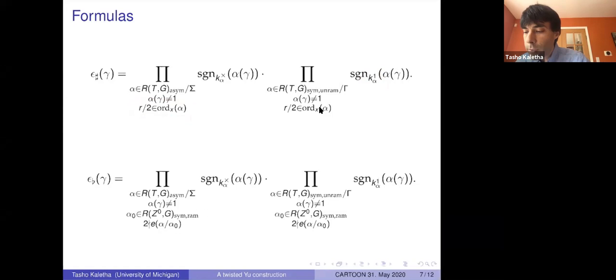And we're wondering whether the depth of the representation divided by 2 is a jump of the filtration. Whereas down here, we're doing something completely different. What we're doing here is restricting the root to the center of G0, which is some smaller torus. And then we're asking that this restriction be symmetric and ramified, even though the original root was asymmetric or possibly symmetric and unramified.